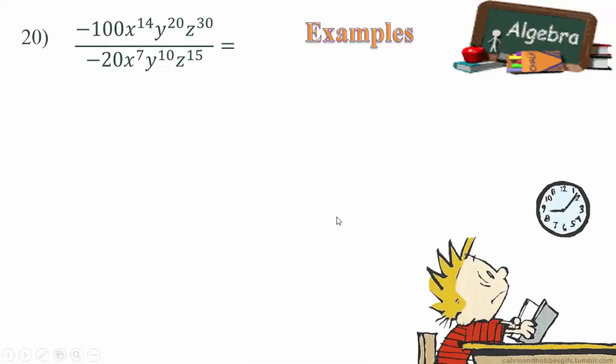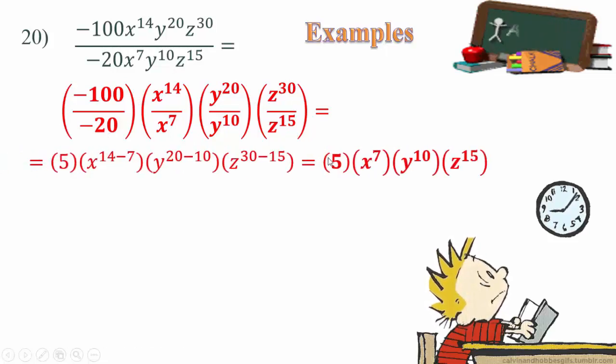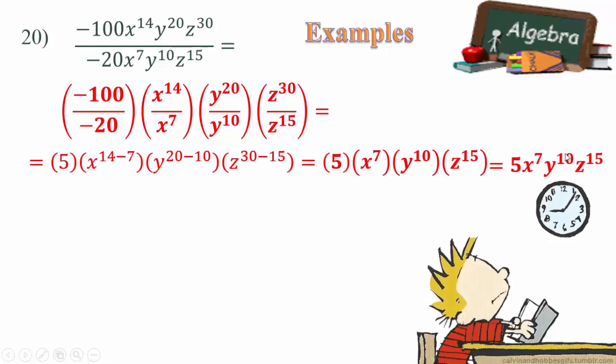Summarizing example number 20, as before, I collected up the coefficients, my x's, my y's, and my z's, and worked each one out separately to get my final answer, 5x to the 7th, y to the 10th, z to the 15th, just like I did on the whiteboard.